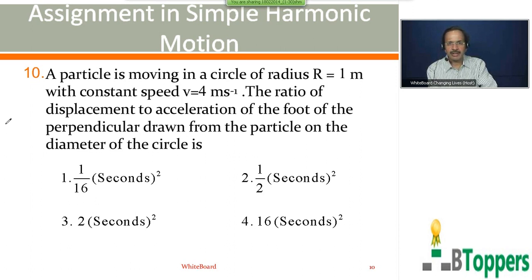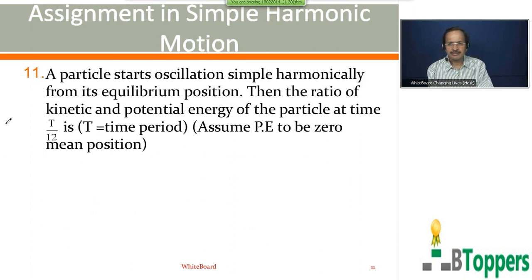Come on, look at the next question. Question number 11. Particle starts oscillation simple harmonically from its equilibrium position. And the ratio of kinetic energy and potential energy of the particle at time capital T by 12 is, capital T equal time period.